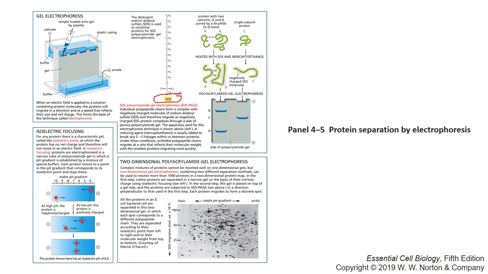And because it now has that negative charge, we can introduce it to an electrical current, just like we would do with regular DNA electrophoresis, and then the protein fragments will start moving down the gel with the larger pieces staying towards the top and the smaller pieces migrating towards the bottom. So this can be another way that we can separate our protein.